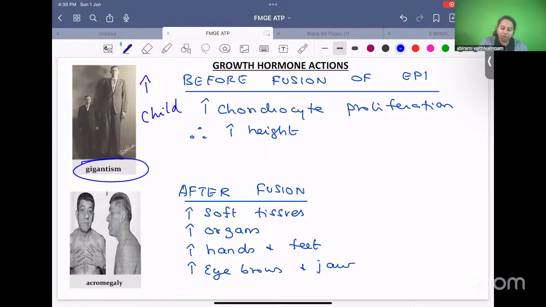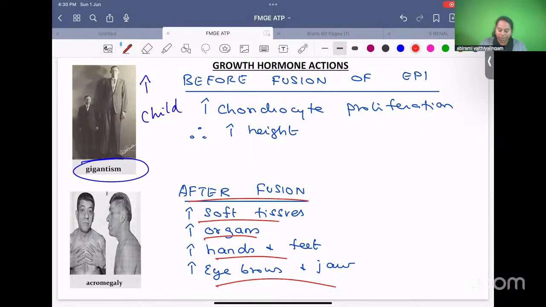After fusion of epiphyses, now the bones have already fused. Now you cannot increase the height because the bones have already fused. Rather than the height, it will start increasing other things. Soft tissue increases, organs are increasing in size, hands and feet are increasing, eyebrows are increasing, jaws are increasing in size and protruding.